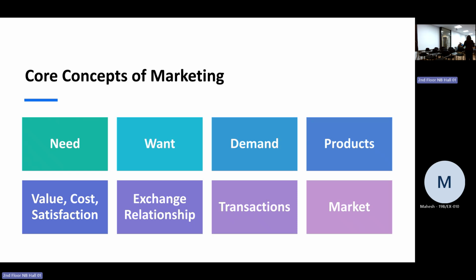If your benefit is higher than the cost, the consumer will be satisfied. If your cost is higher than the benefit, it will lead to dissatisfaction. So what you are expecting versus what you are receiving will be compared when you calculate consumer satisfaction. Cost means the price that you have to pay. Here cost means from the consumer side, the price that the consumer pays for the product. So when you compare value and cost, you can measure whether you are satisfied or not.